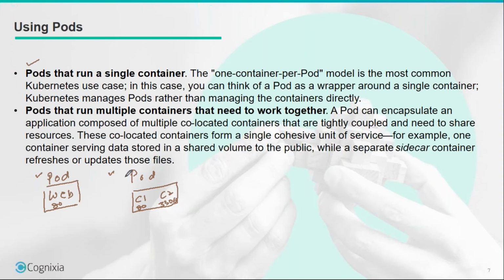For example, one container serving data stored in the shared volume to the public, while a separate sidecar container refreshes or updates those files. So this is the example of multi-containers, where you are having one container doing one activity and another container doing some other activity, and both are inside one pod.